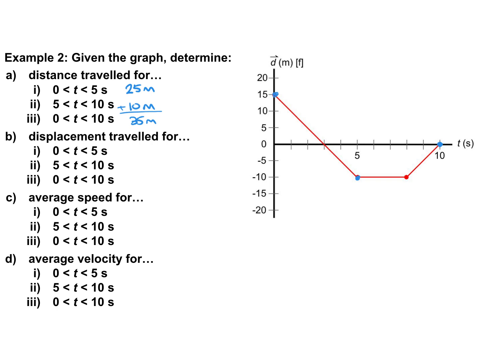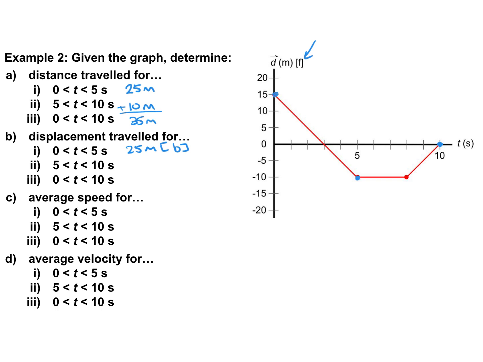Okay, now we'll do displacement. So displacement, for number 1 and number 2, it's the same, but we just have to add a direction to it. So from 0 to 5 seconds, it still went 25 meters, but the direction it went is backwards. Looking at how the axis is labeled, it's labeled with an F, which means forwards.